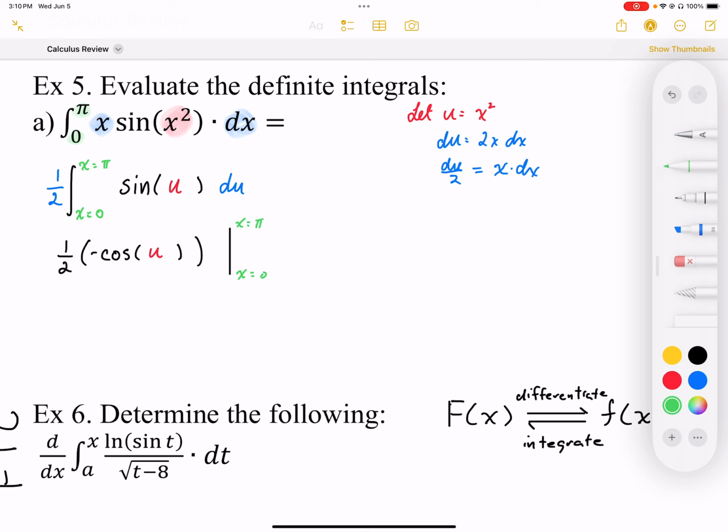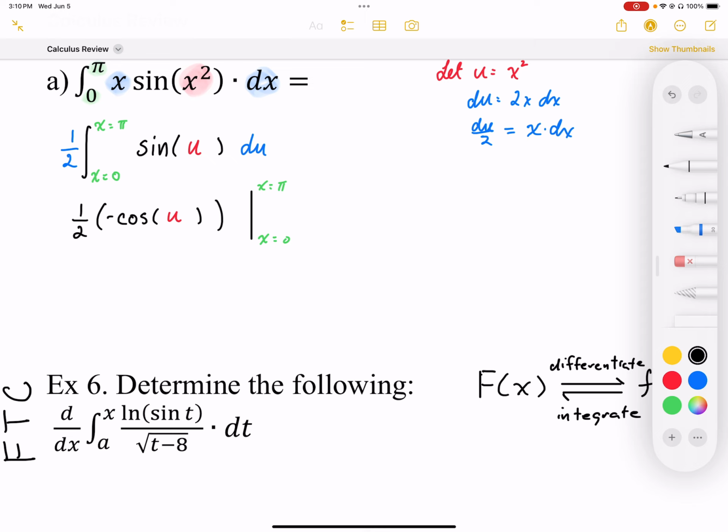So I'm going to end up with negative 1/2 cosine of, instead of u, I'm going to replace my x squared back into the equation. Now my bounds and my variable match, so I'm just going to make this 0.